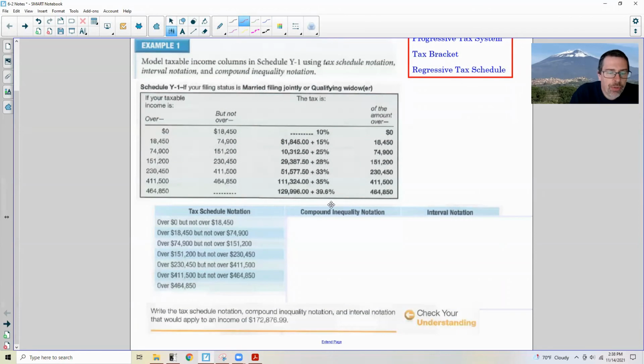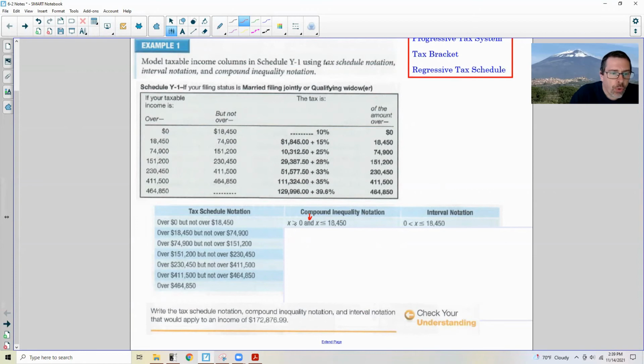All right, compound inequality notation simply means you have 2 inequalities or more. That's what compound means. So for something over 0, but not over 18,450, what you would say is x is greater than 0 and x is less than or equal to $18,450. So that would be a compound inequality notation because it says and you have 2 different inequalities.